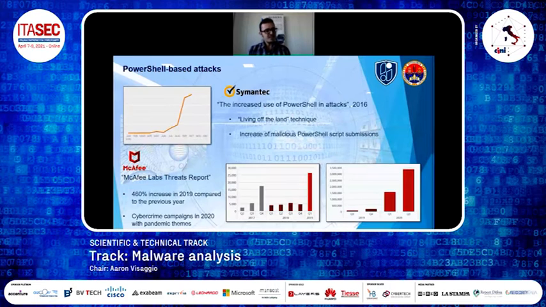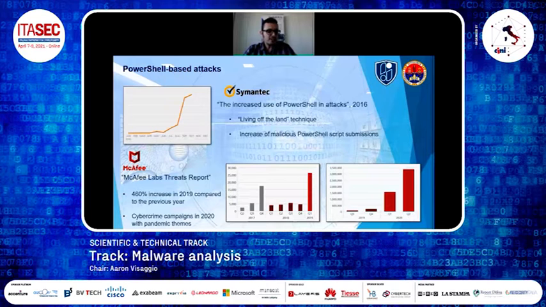In recent years, the most important anti-malware software companies identified a large number of attacks based on PowerShell. For example, Symantec in 2016 identified that attackers often use a technique called living off the land, which consists of exploiting legitimate tools of the victim operating system for malicious purposes.